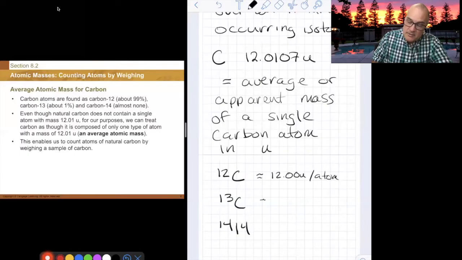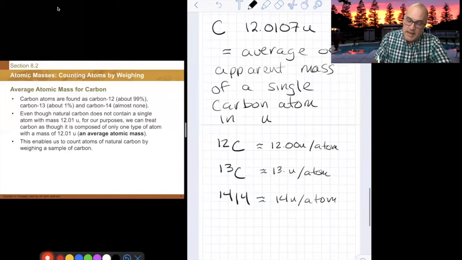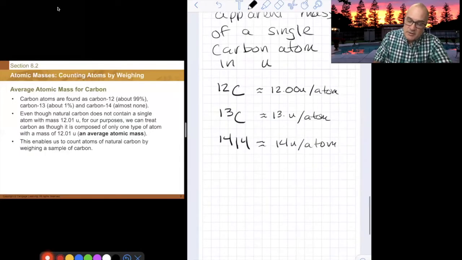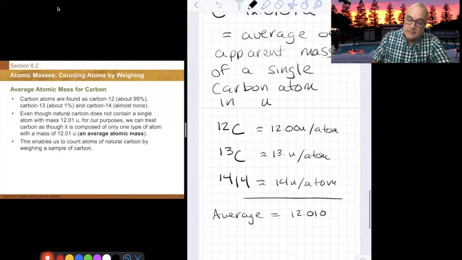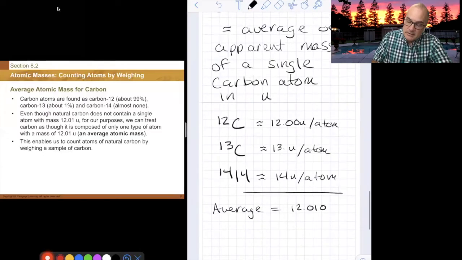The mass of carbon 13 is about 13 U per atom. And the mass of carbon 14 is about 14 U per atom. So the average of these three numbers is 12.010. I have to go look, see that last number, 7.